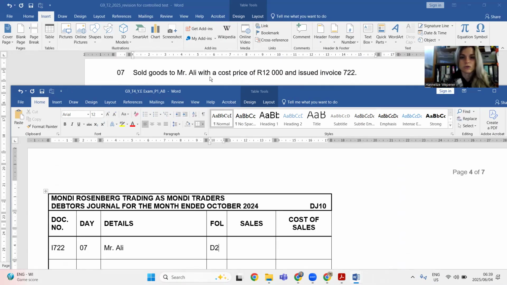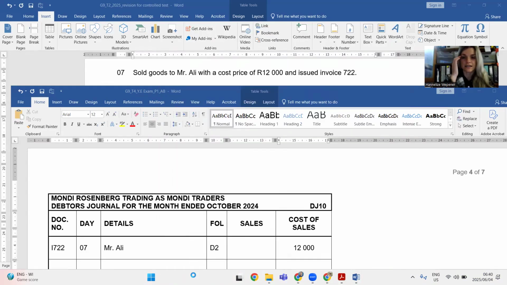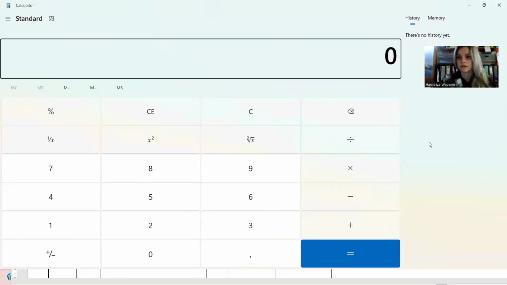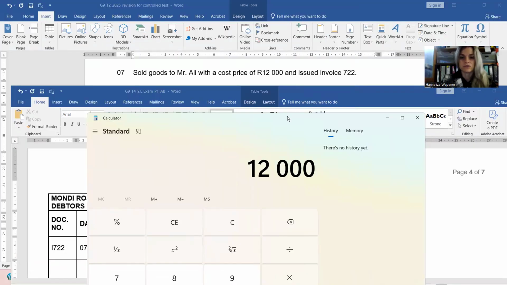They said it's goods with a cost price, so they gave me the cost of sales, which means that I still need to go and calculate by how much my sales increase and how much this debtor now owes me. And remember, right at the beginning of the question, we read that we're using a profit markup of 80% on cost.